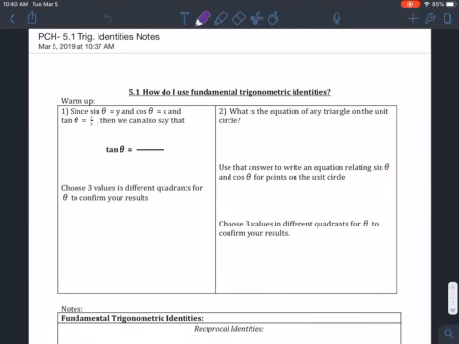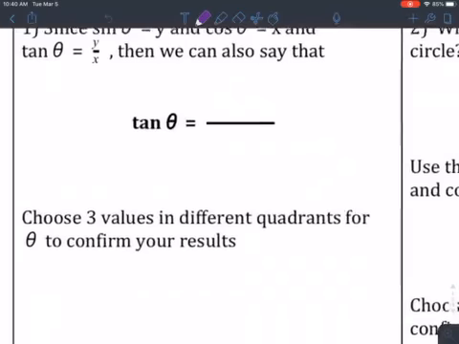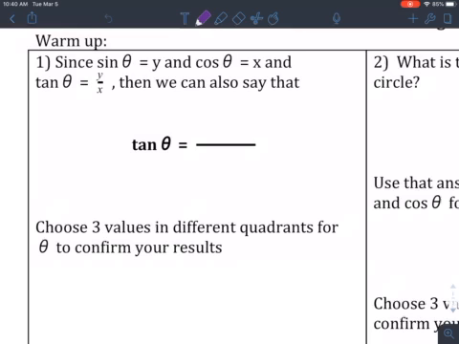Okay, we're going to look at 5.1, which is fundamental trig identities. If you recall, the tangent of theta is equal to the sine of theta over the cosine of theta, or the y over the x, or the rise over the run.